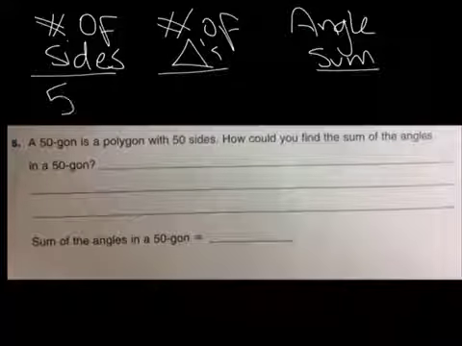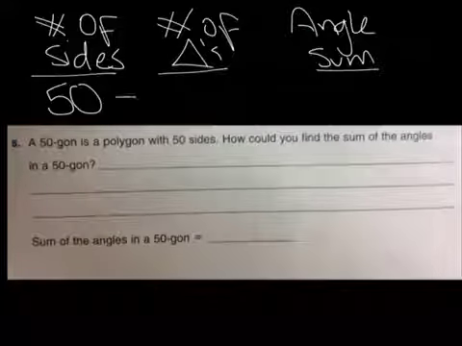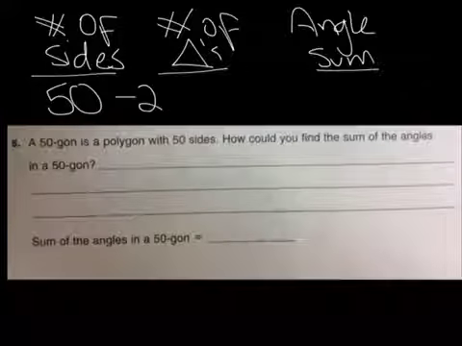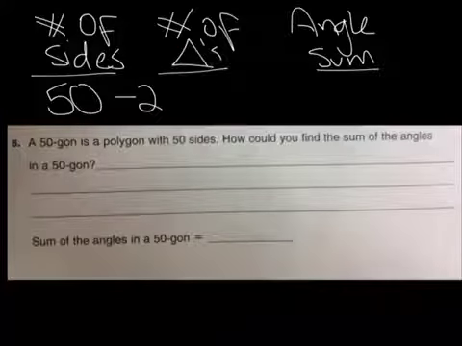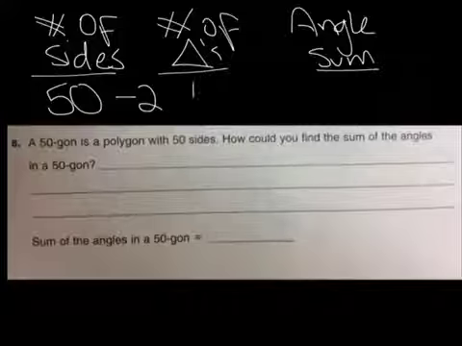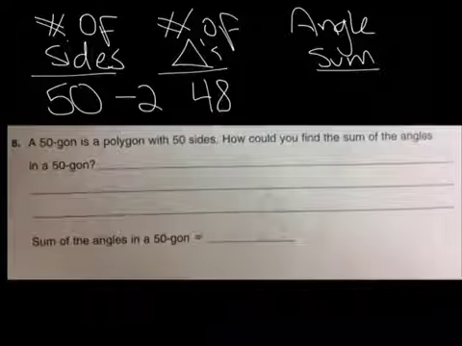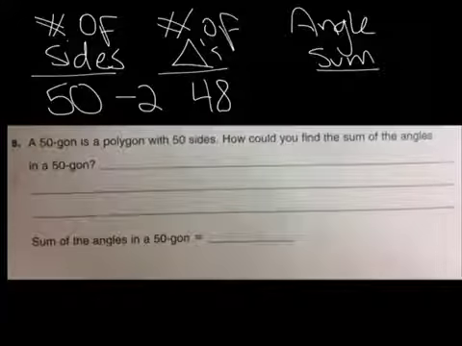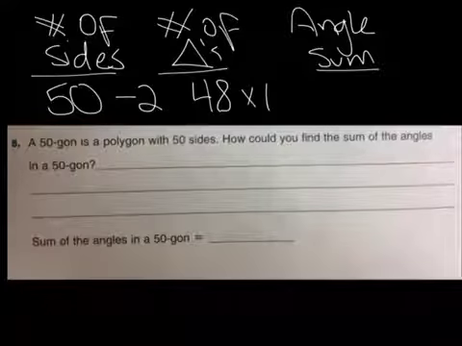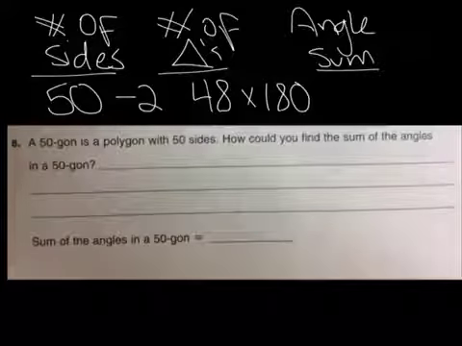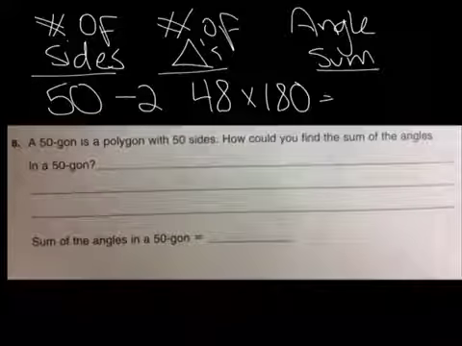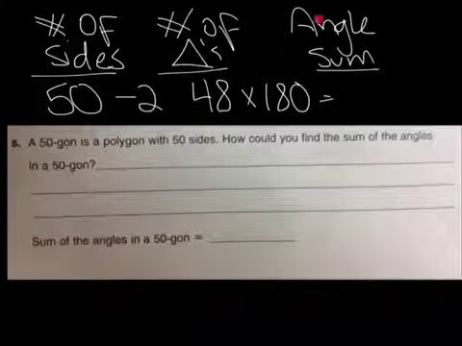We just have to subtract 2 from 50 to get the number of triangles. That would be 48. And we take that 48 and multiply it times the sum of the angles of each triangle, which is 180. That'll give us our angle sum.